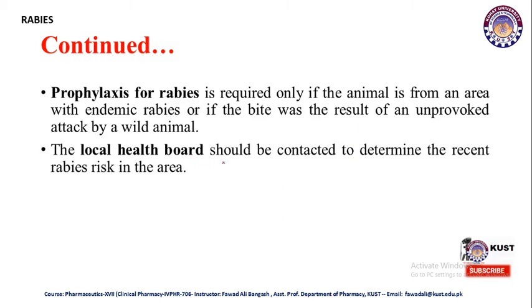The local health board should be contacted to determine the recent rabies risk in that area, and the local doctor should be consulted to know about rabies endemicity in this area.